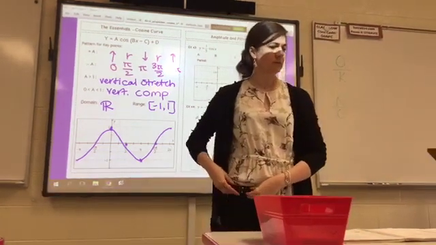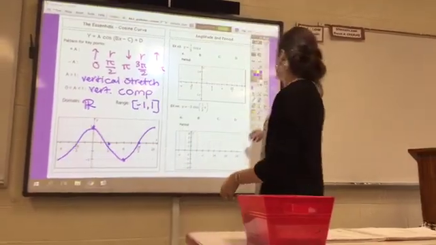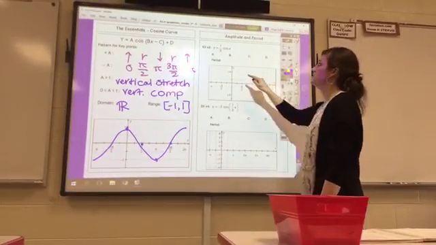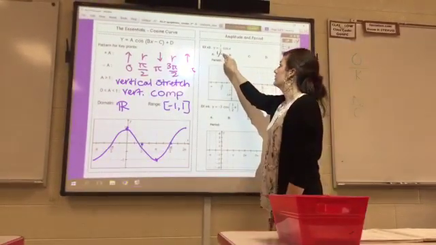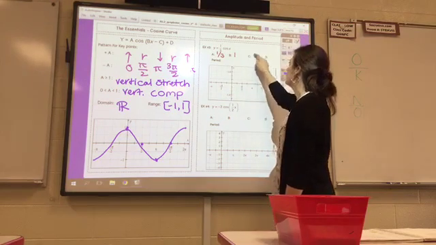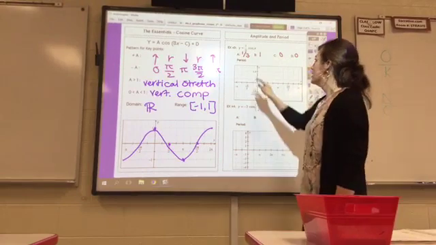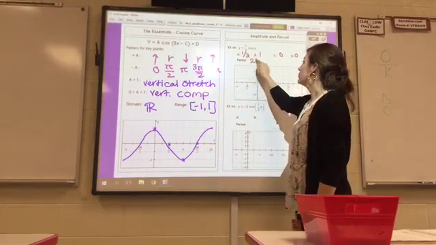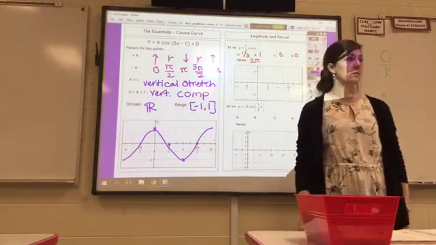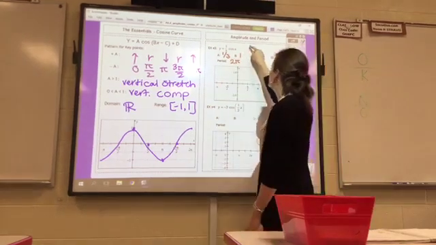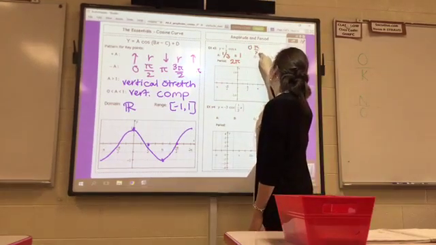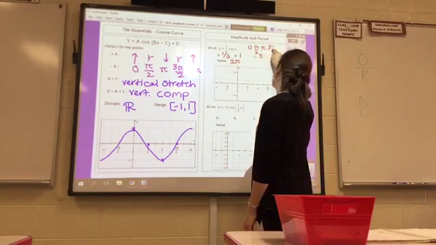Okay, let's start filling in some stuff. A is 1/3. B is 1. The other 2 are 0. We haven't got into shifting left, right, and up, down again. Period is 2 pi over B, or just 2 pi. So 0, pi over 2, pi, 3 pi over 2, 2 pi.